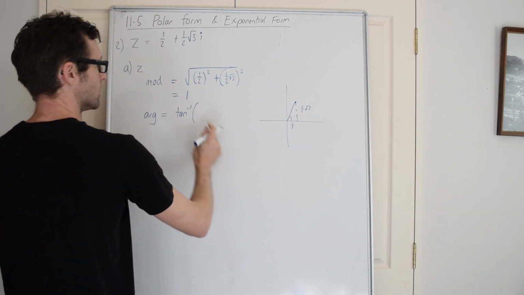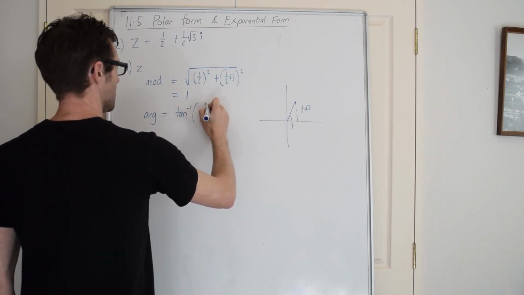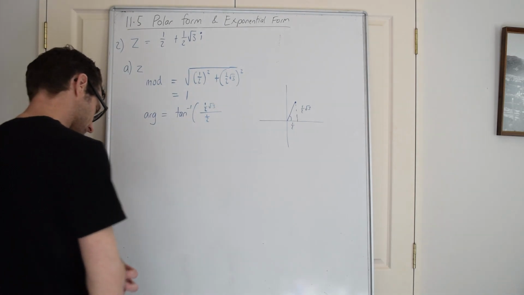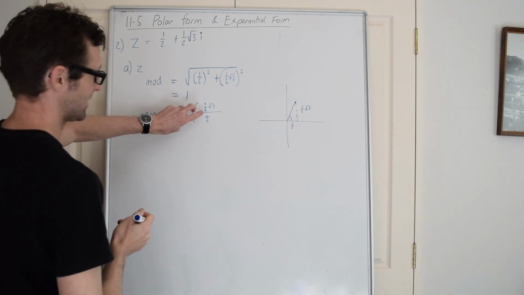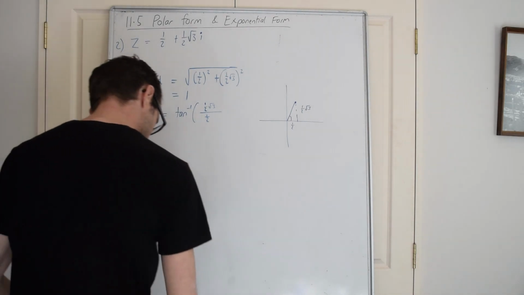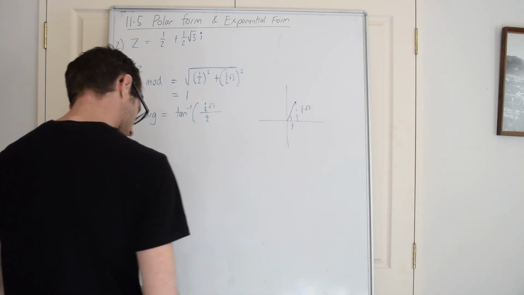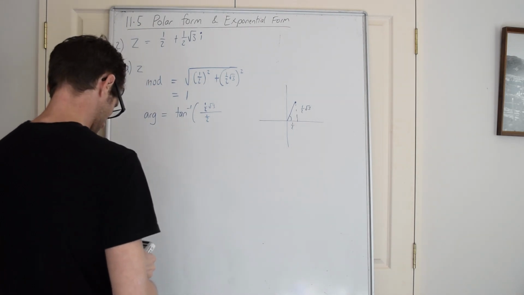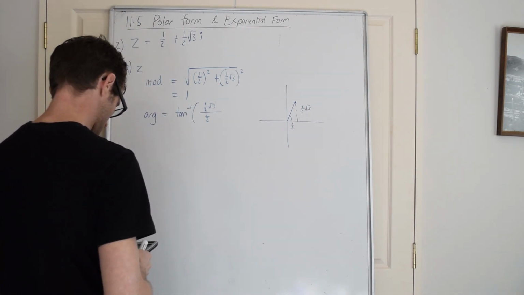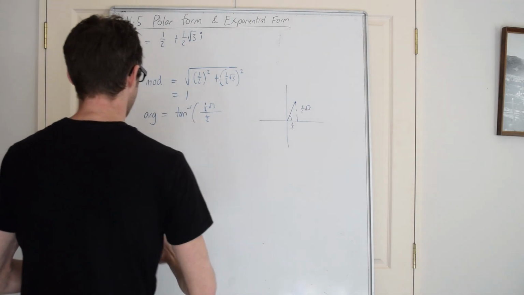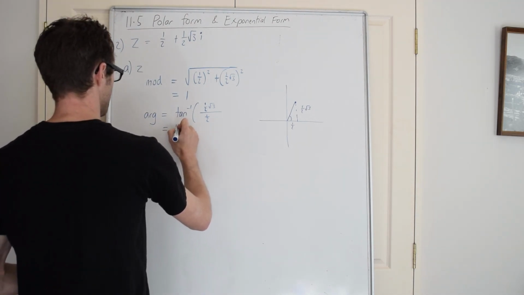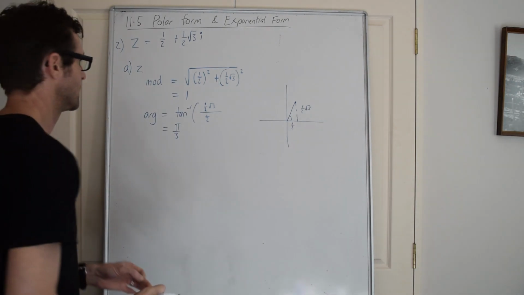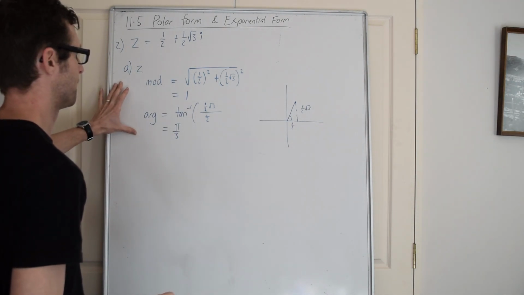So we're going to go opposite, which is 1/2 square root 3, all over 1/2. And obviously you can see that's cancelling out there. So you put that in your calculator, inverse tan, and I get 1/3 pi, which I should remember, shouldn't I really? Pi over 3. So that is the first one.